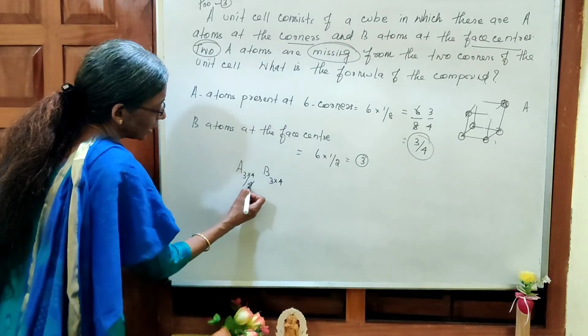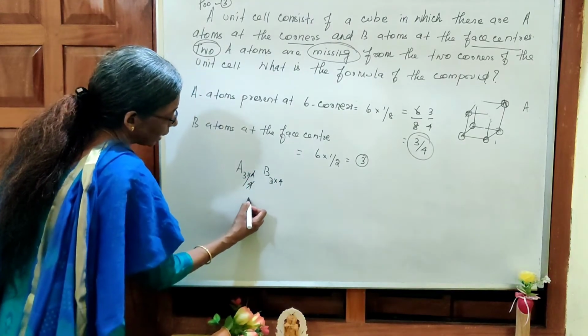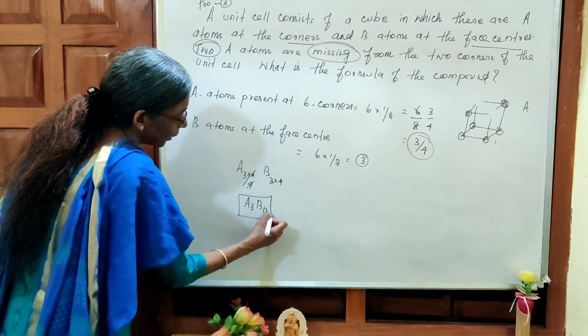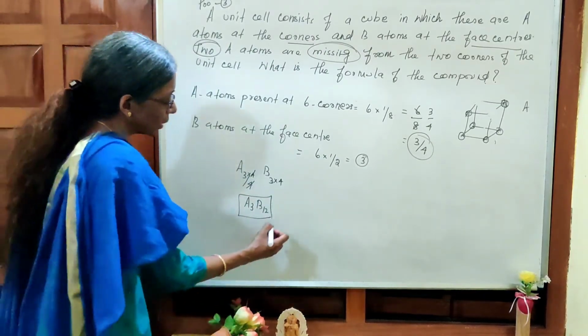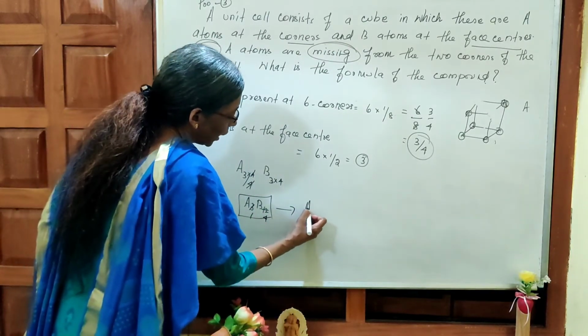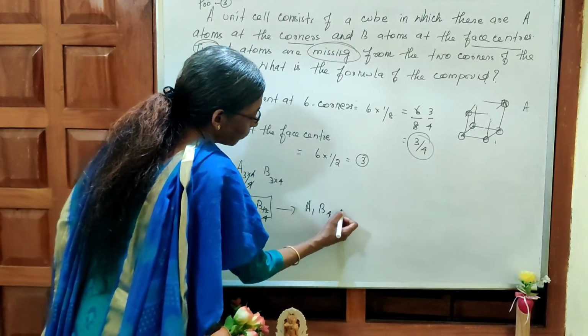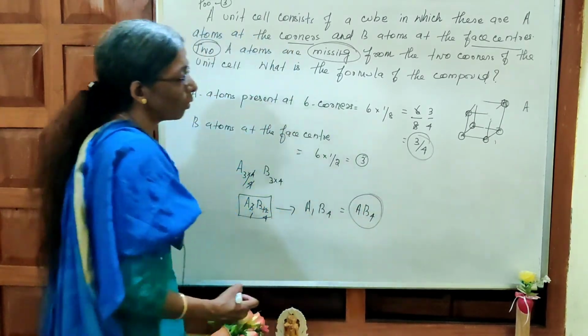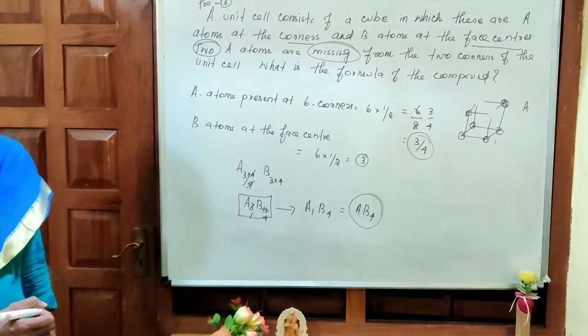So you will get A3, B12. You can simplify this: 1, 3, 4, 3. So A1, B4, that is equal to AB4. This is the formula of the compound.